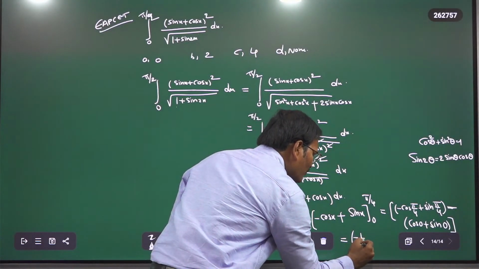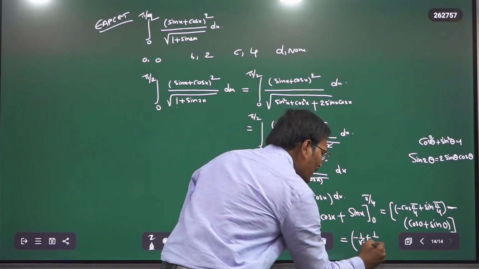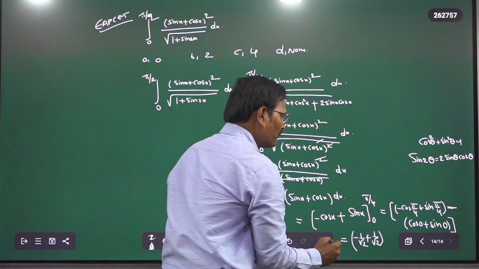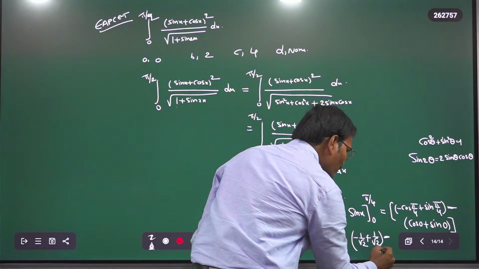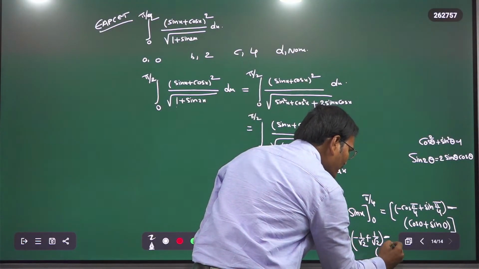Cos pi by 4 means 1 by root 2, sin pi by 4 means 1 by root 2, cos 0 means 1, sin 0 means 0.